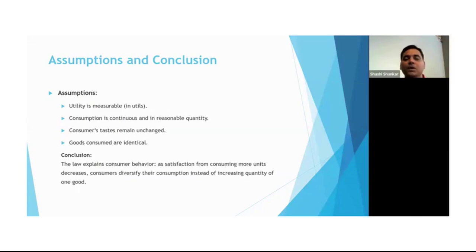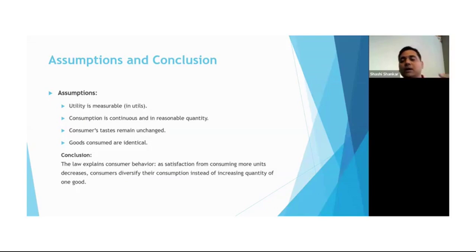So just to conclude, considering all these assumptions, the law explains consumer behavior: as satisfaction from consuming one more unit decreases, consumers diversify their consumption instead of increasing the quantity of one good.